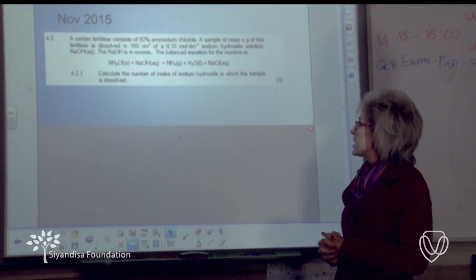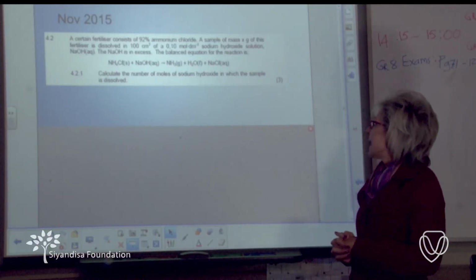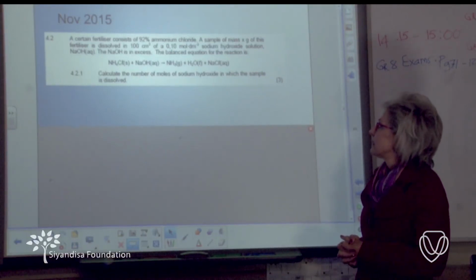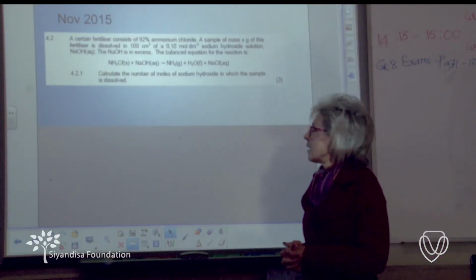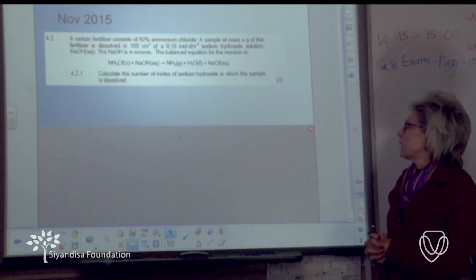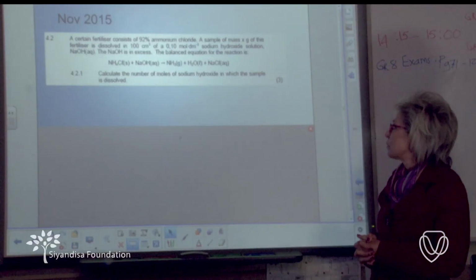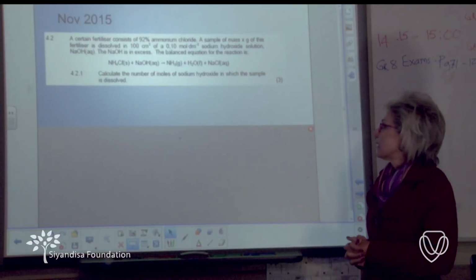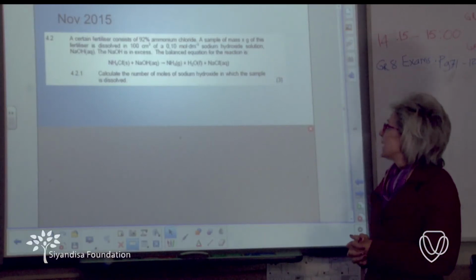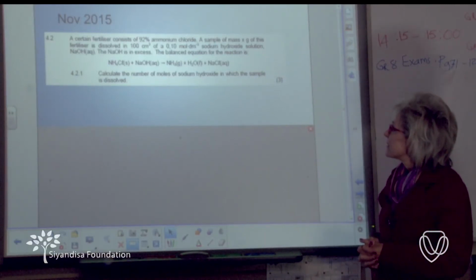The NaOH is in excess. The balanced equation for this reaction is 1 mole of ammonium chloride reacts with 1 mole of sodium hydroxide, forming 1 mole of ammonia, 1 mole of water, 1 mole of sodium chloride. And the first question is, calculate the number of moles of sodium hydroxide in which the sample is dissolved.